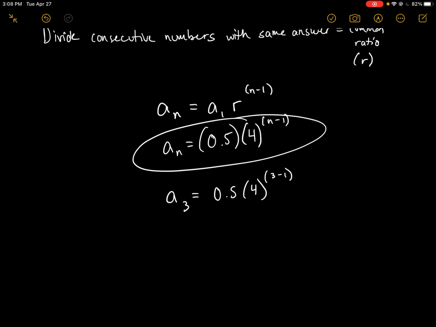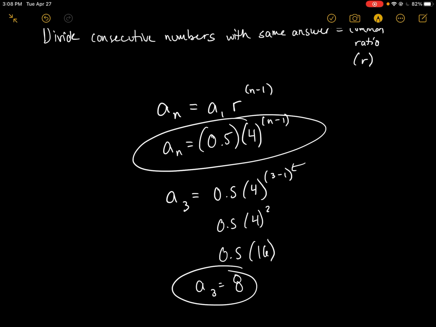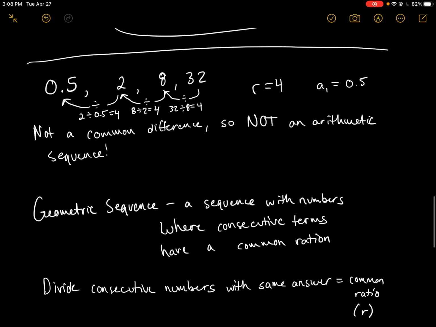Just like we did before, let's test out a number. Let's say we do this for the third term. So we'll have 0.5 times 4 to the 3 minus 1 power. First, PEMDAS. Parentheses come first, so 0.5 times 4 to the second power. Next we need to do exponents. 4 squared is 16.